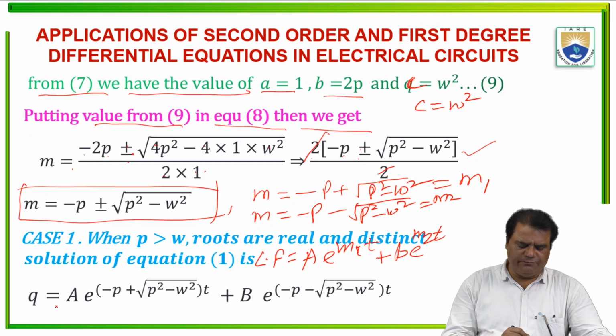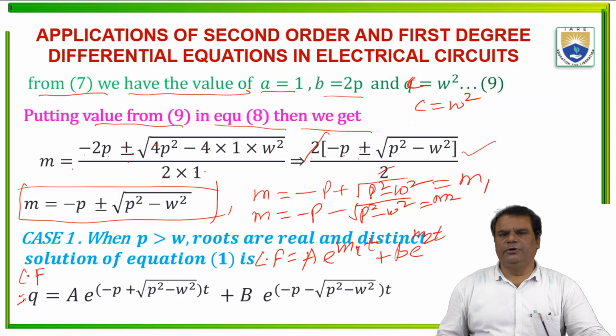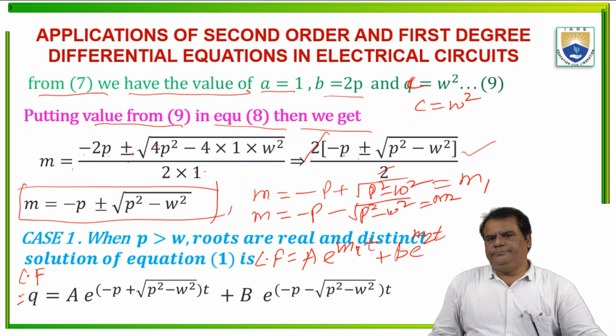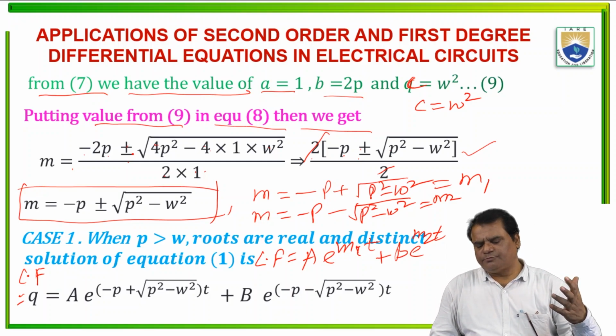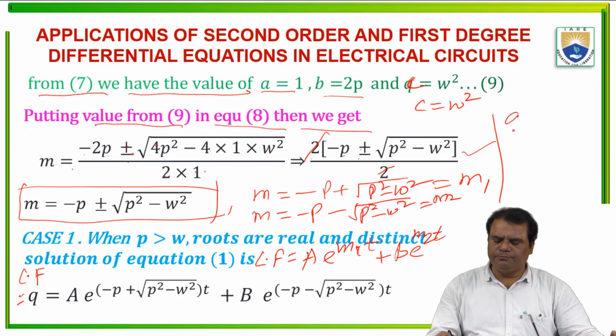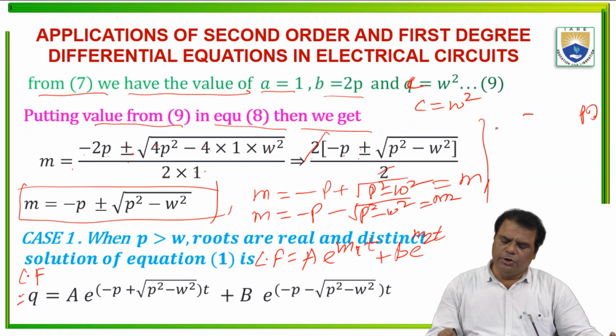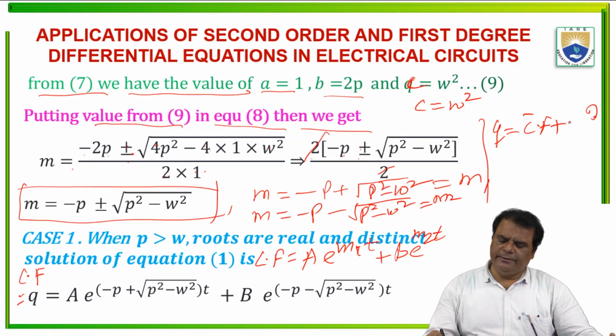So this is CF, the complementary function, and this equals Q. There is no PI. Q is equal to CF plus PI.